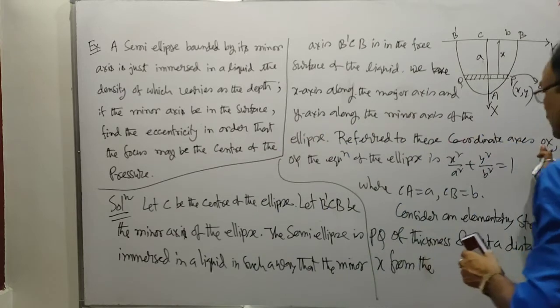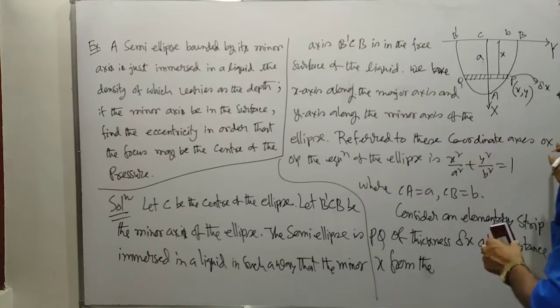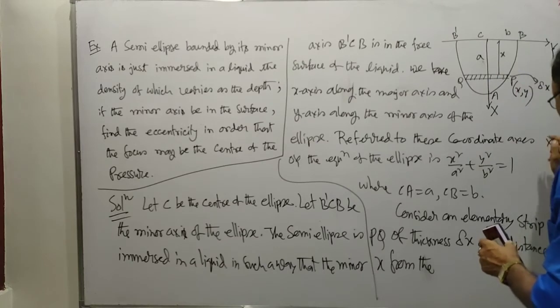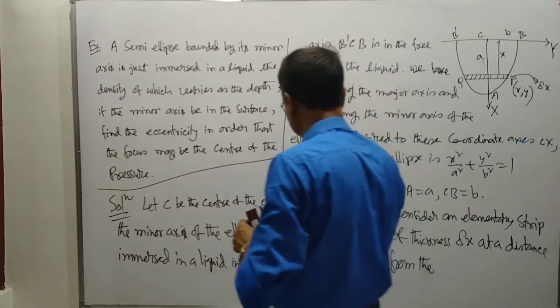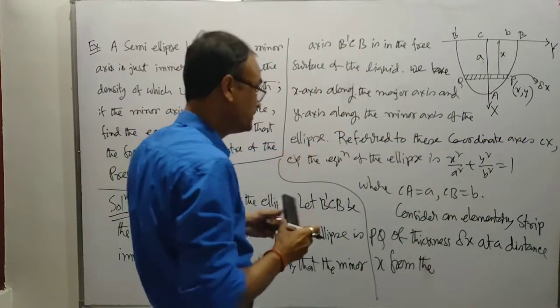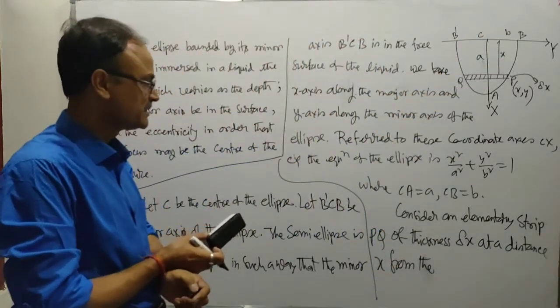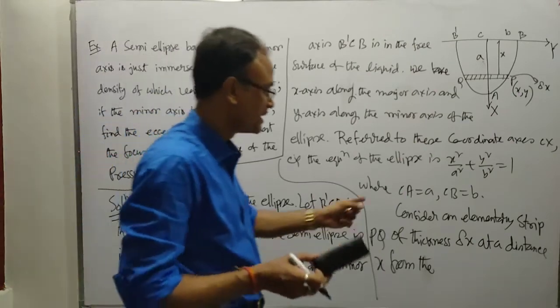This is not x or y coordinate axis. It is cx and cy. You may write cx and cy. We have written here C is the center of the ellipse. Therefore, you may write cx cy. The equation of the ellipse is this.